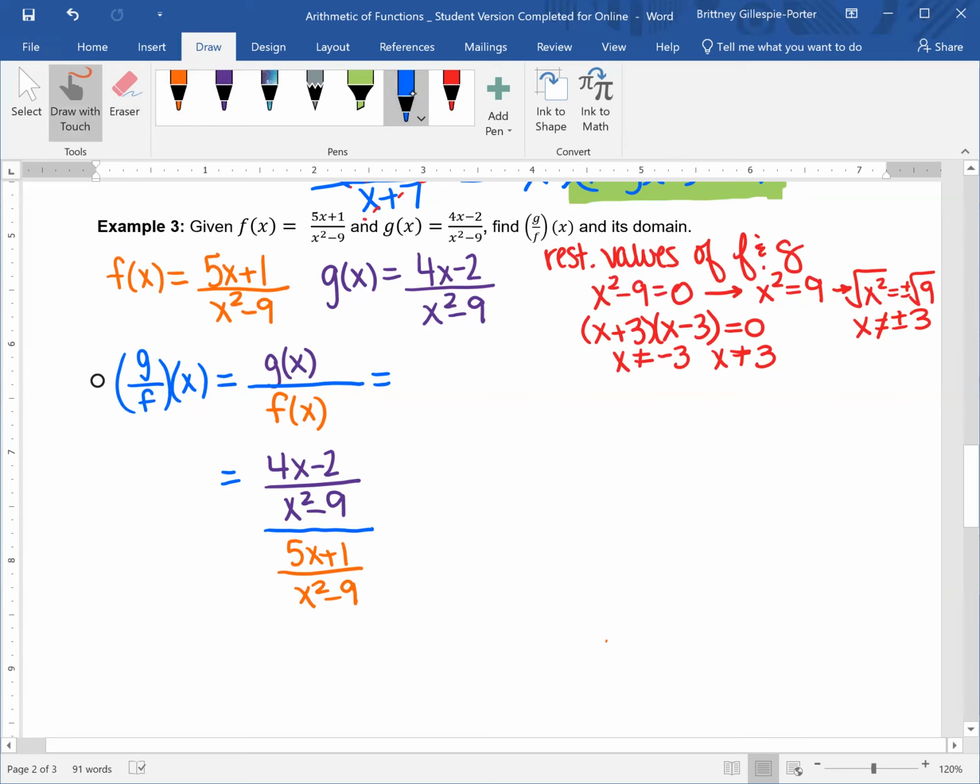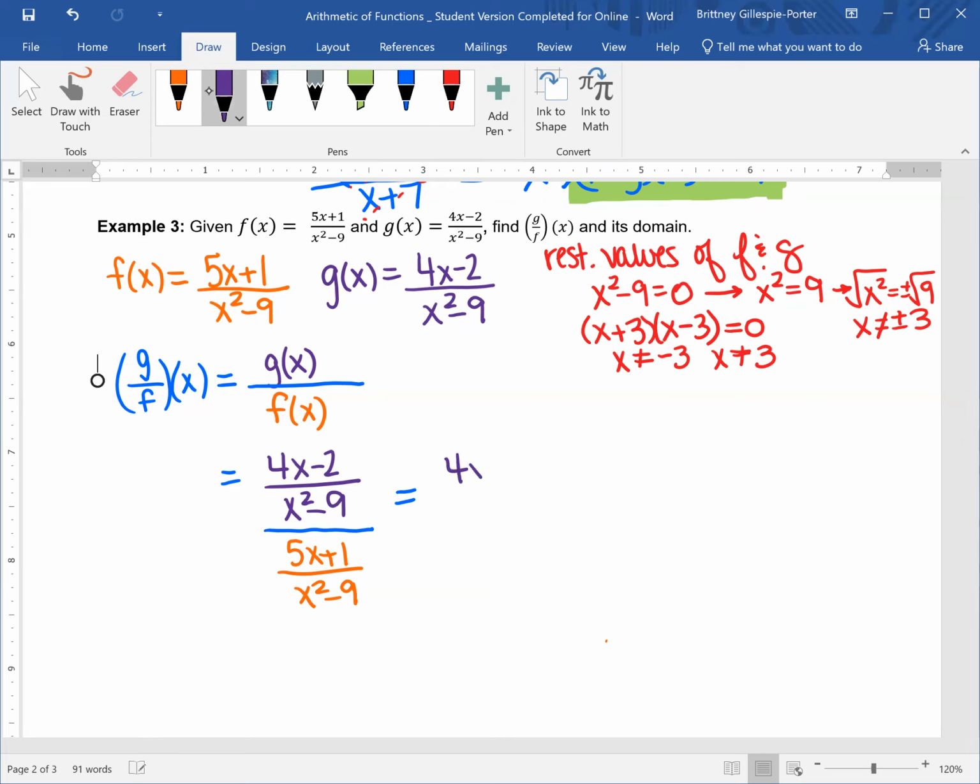This means that we are taking our g function divided by our f function.